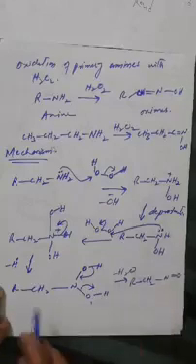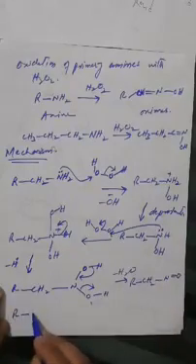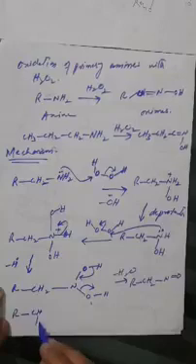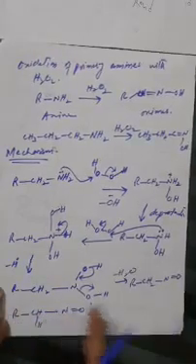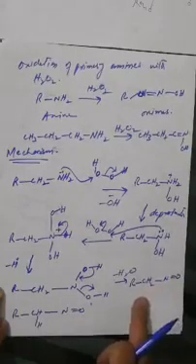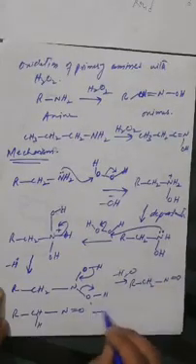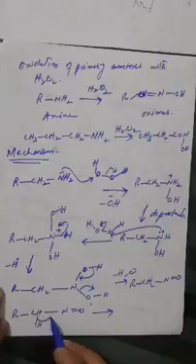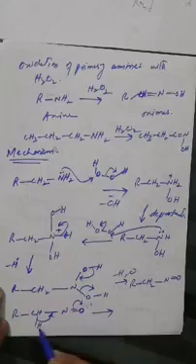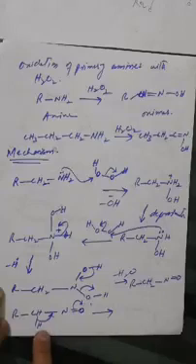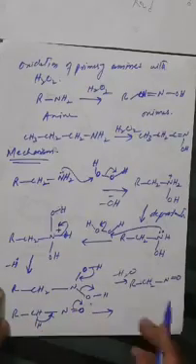How? Let's see. This is the same nitrosoalkane that is formed. So when this bond moves here, oxygen gets negative charge and this hydrogen gets positive charge, and this hydrogen migrates from carbon to oxygen.